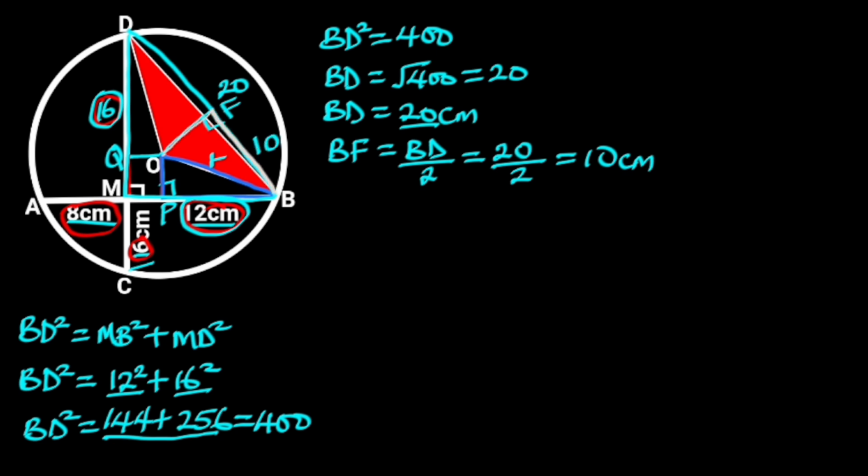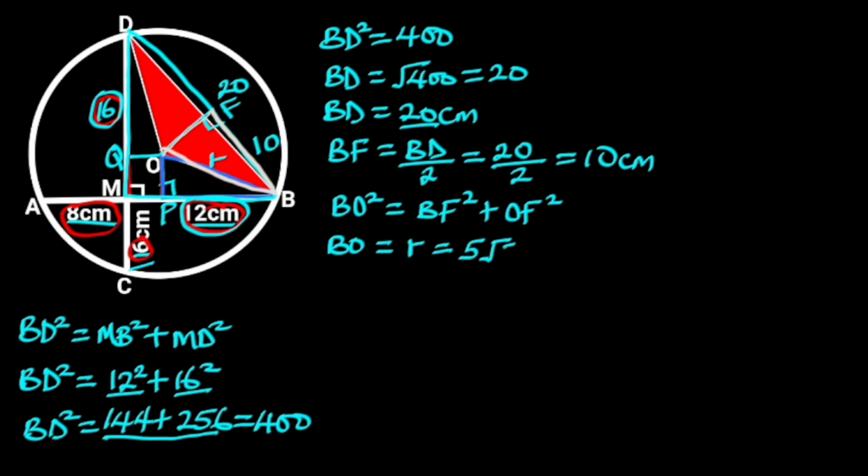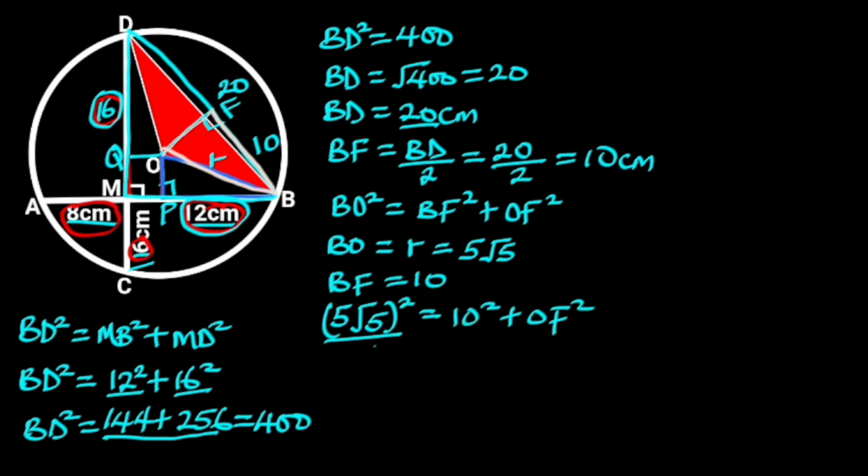Since triangle OFB is also a right-angled triangle, we are going to find OF using Pythagoras' theorem. So, from Pythagoras' theorem, BO square equals BF square plus OF square. Recall that BO is the radius of the circle, which is 5 root 5 centimeters, and BF is 10 centimeters. It follows that 5 root 5 square equals 10 square plus OF square. 5 root 5 square is 125, and 10 square is 100.